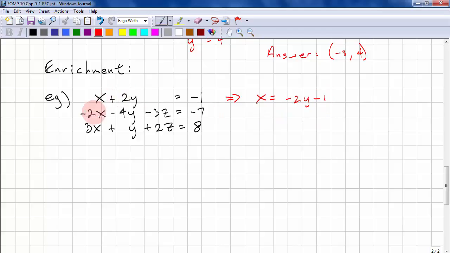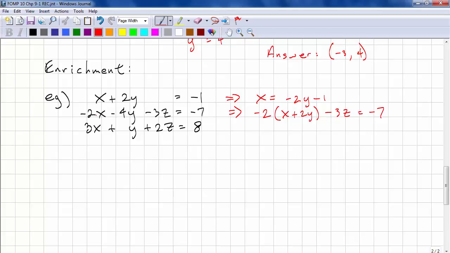We look at this. We can actually look at this as minus 2 times x plus 2y minus 3z equals negative 7. Okay, so if we multiply this by negative 2, we get negative 4y. Multiply this by negative 2, we get negative 2x.